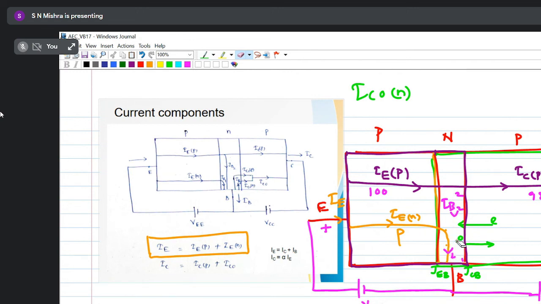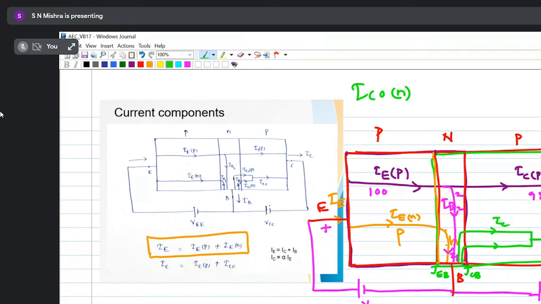So both the currents are flowing in the same direction.